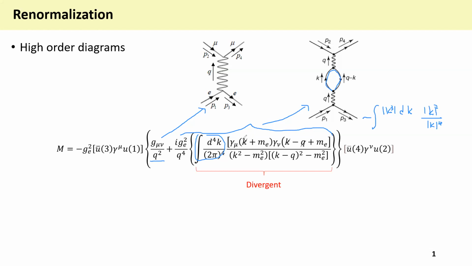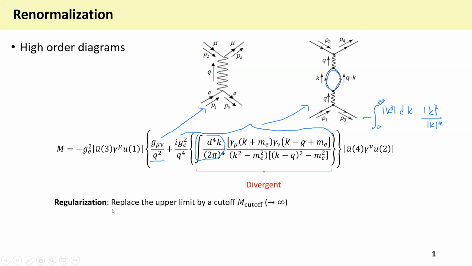You can see that this is divergent if we integrate k from 0 to infinity. So this makes the whole amplitude divergent, and this is not physical. So people want to find a way to deal with this divergence.